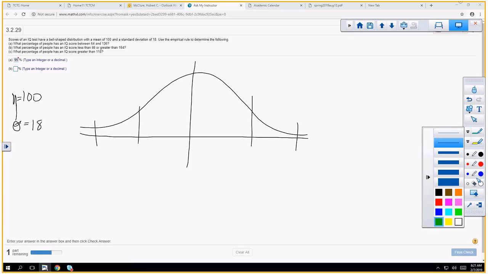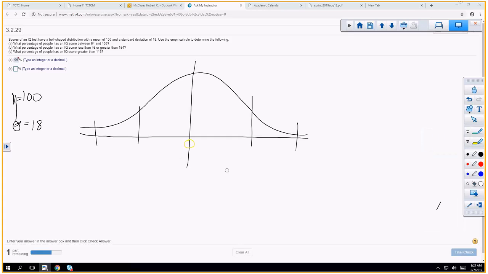I'll do the z-scores in yellow. 0, 1, 2, -1, -2. And 100, 118, 100 what, 36? What is this, 82?